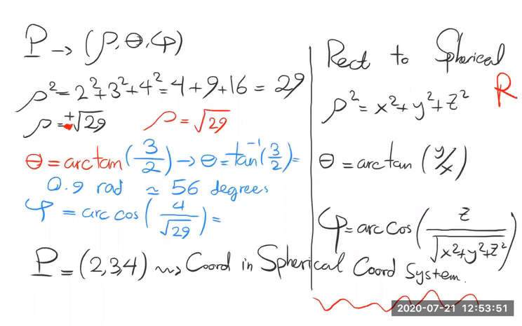Oh, 42. Okay, I was wrong. So it's around 42 degrees. So the coordinates of this point would be almost something like square root of 29, 56 degrees, and 42 degrees. That would be the coordinates in the spherical coordinate system.